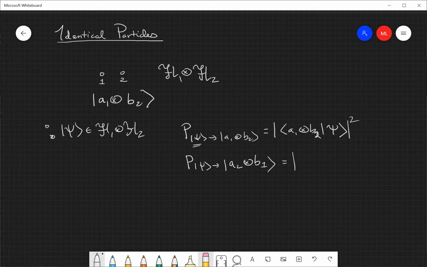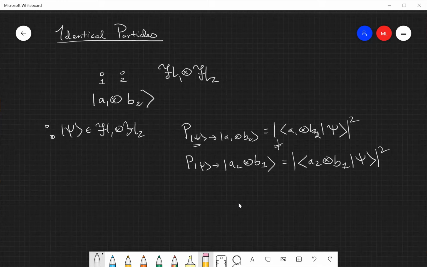And in terms of the tensor product space, we know that would look like the following, right? And in general, these are not equal to each other because they're two different vectors. And if we dot them into our prepared state, then generally speaking, it's not going to give you the same result.